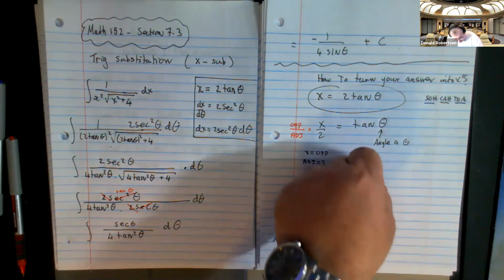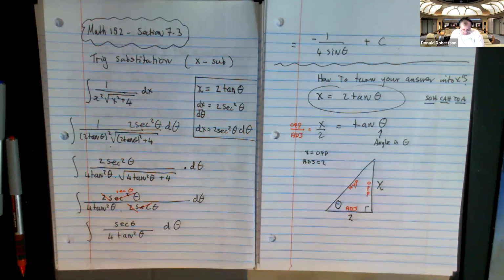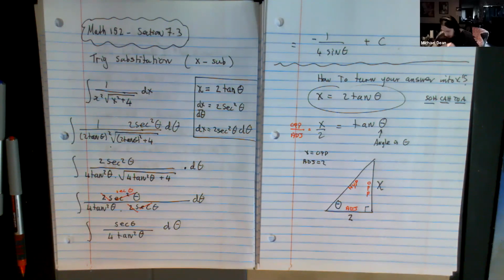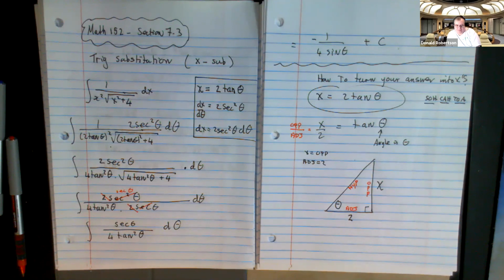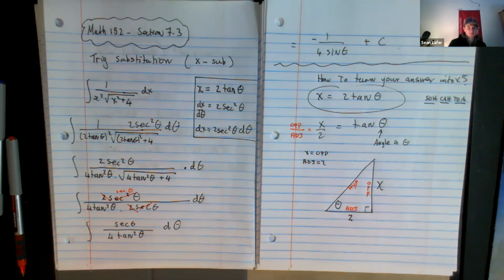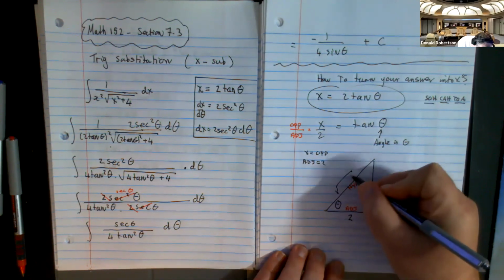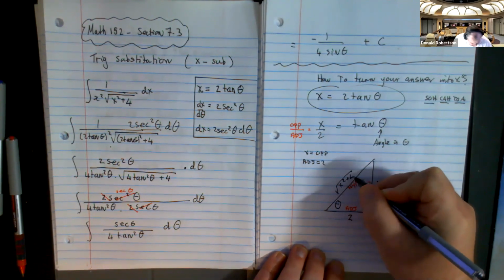Now, how will I be able to find the third side in terms of x? Come on, we got 2 minutes. How will I find the third side in terms of x? Pythagorean theorem. Correct. Won't it be x squared plus 2 squared, which is 4?